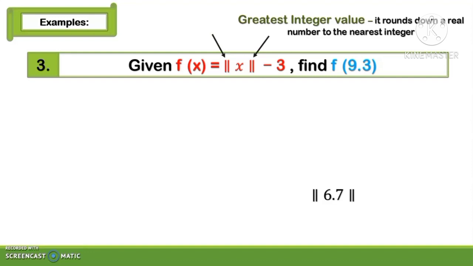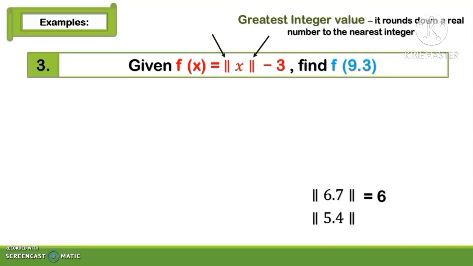Example, greatest integer value of 6.7. So, ira-round down natin siya. Yung 6.7 equal siya kay 6 because of the greatest integer value. Another example, greatest integer value of 5.4.